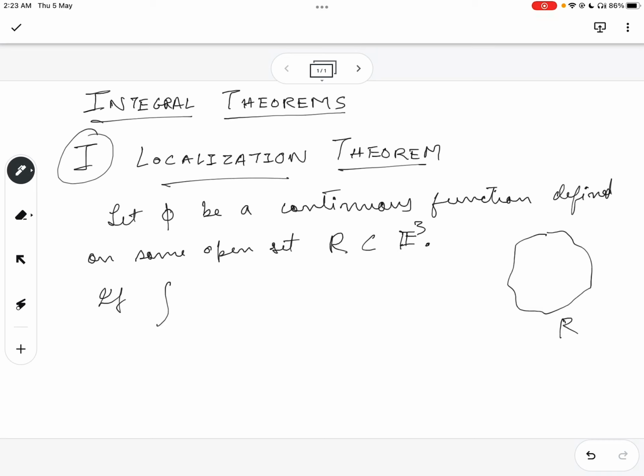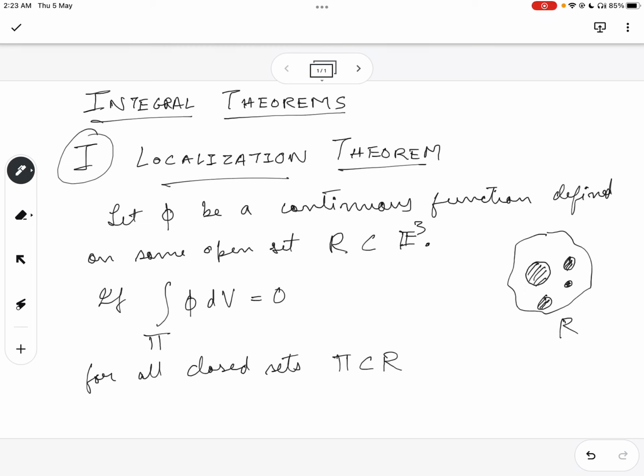If the integral of phi dv, the integral of phi on the volume, say pi, is 0 for all closed sets pi which are subsets of R, so that all the pi's taken together cover the whole region R, then phi is 0 over R.